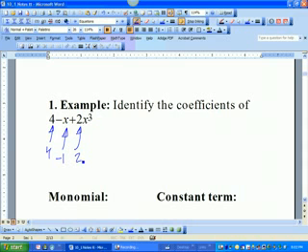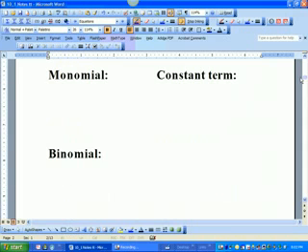Now, when we look at polynomials, we know we can add or subtract different terms. But we have some basic names for ones that we see a lot. The first one is a monomial. A monomial is a number, a letter, a variable, or a combination. However, there's no adding or subtracting. It's kind of like a polynomial. Actually, it is a polynomial.